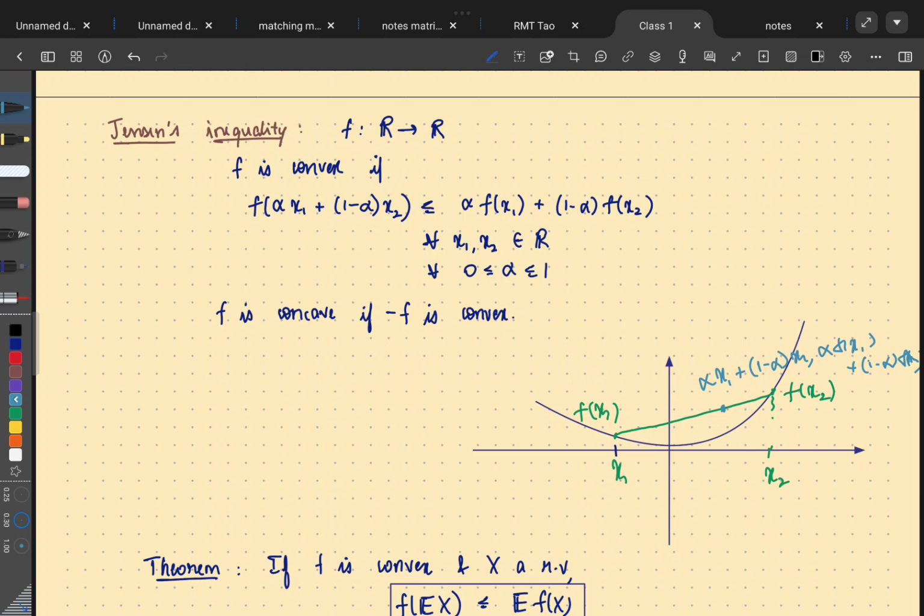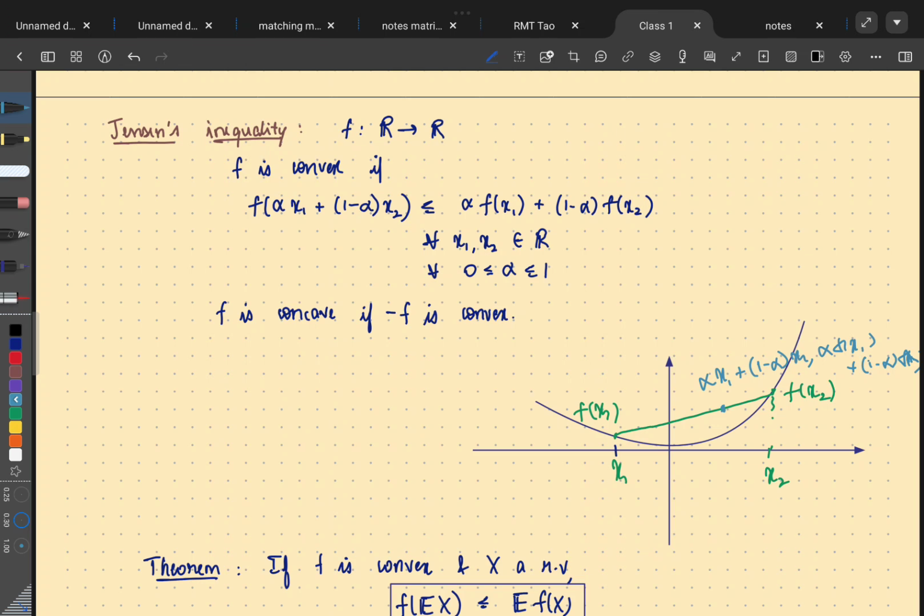So any point on the secant can be represented in this particular form. The y value is just alpha times f of x1 plus (1 minus alpha) times f of x2. So that's some point along this particular straight line.